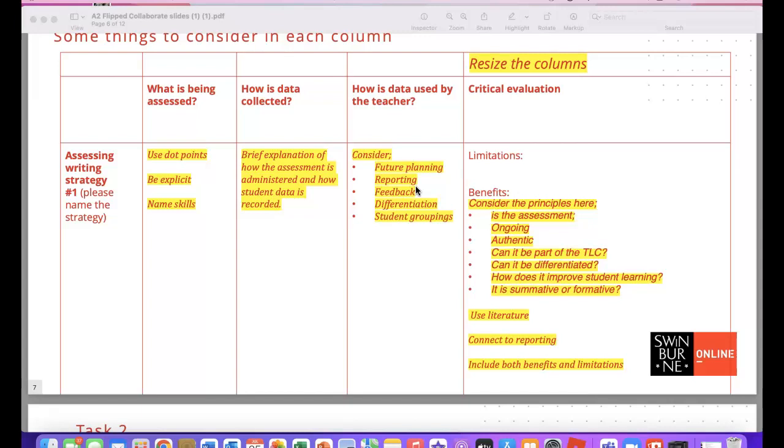If I have a moderation where everyone in my PLT has written a narrative, the reporting element is going to be sitting in your PLT team and talking, having that narrative story in front of you, having the rubric, and chatting about it as a collegiate team to make learning goals for the cohort. That is the element of reporting there. Are we giving feedback? Are we using it for differentiation? Are we using it for flexible student groupings?